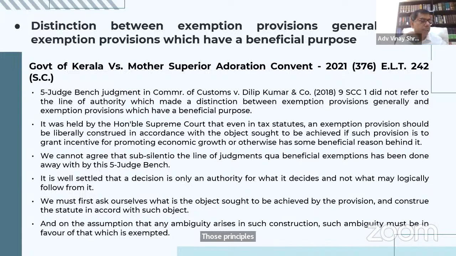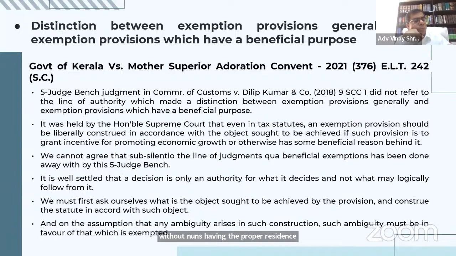And it was said that a reading of the provision would show that the object for exempted buildings, which are used principally for religious, charitable, or educational purpose, would be for core religious, charitable, and educational activity, as well as purposes directly connected with religious activity. So, if something is directly connected to that religious purpose, obviously the residence of nuns is an important activity, because the church cannot function without nuns having proper residence.